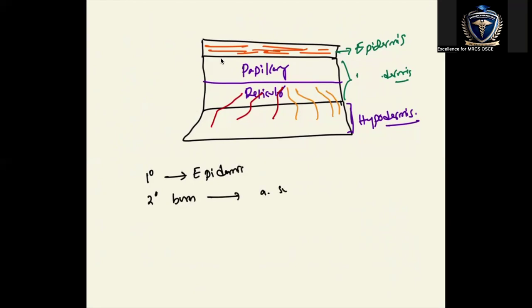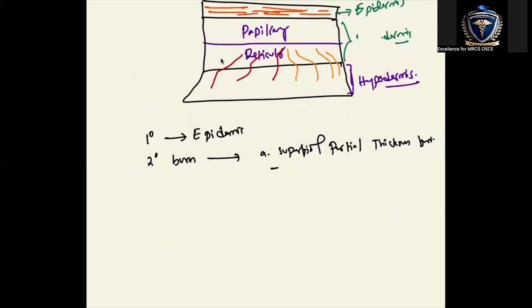The second degree burn is classified into 2 types. One is superficial partial thickness burn, which comprises epidermis plus the papillary layer of dermis. Did you get my point, doctor?